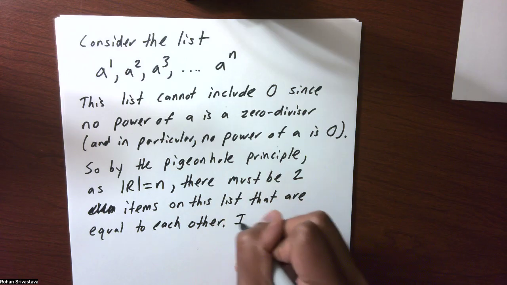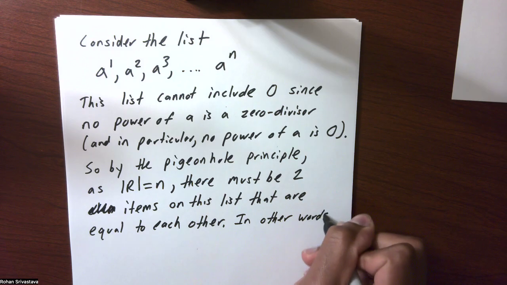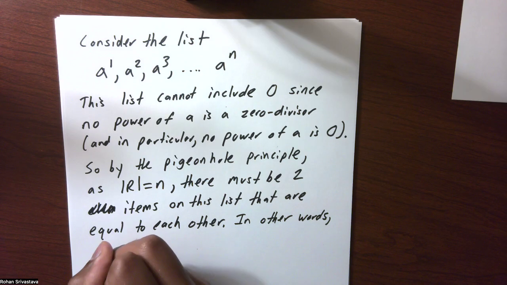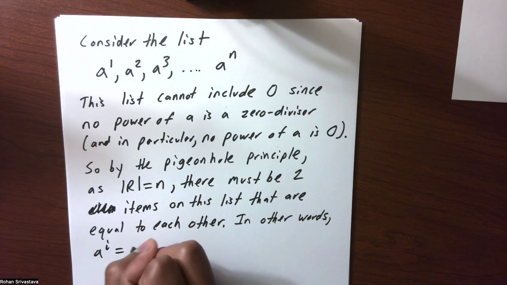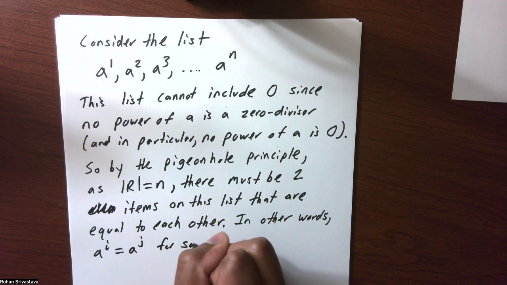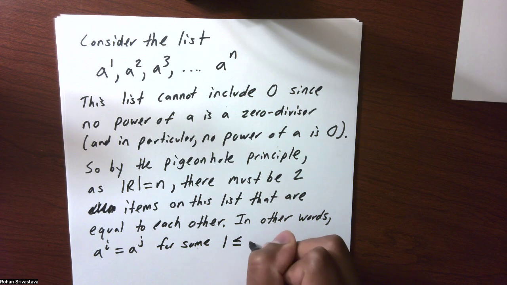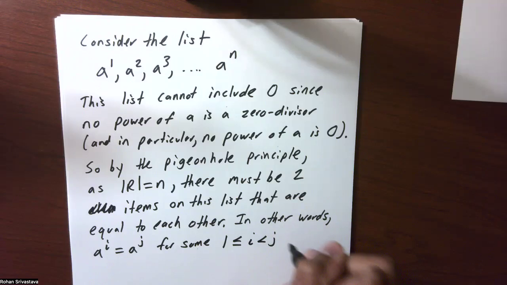In other words, A to the i is equal to A to the j for some i and j between 1 and n with i less than j.